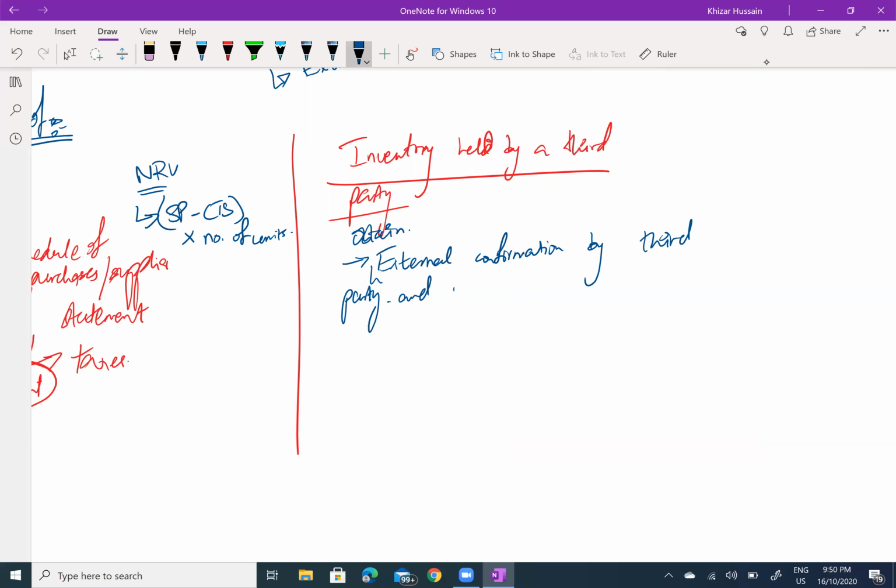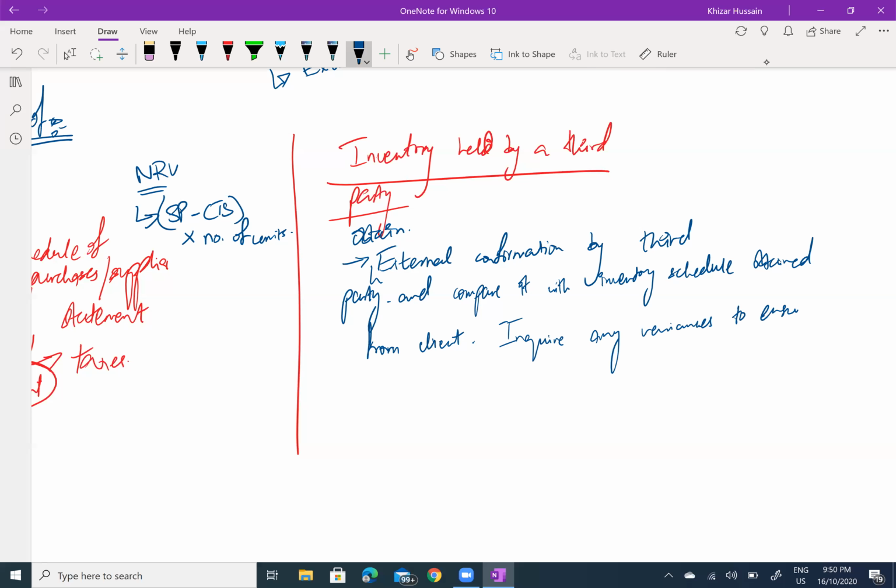All right, and you can say corroborate or compare it with inventory obtained from client, full stop, inquire any variances to ensure.